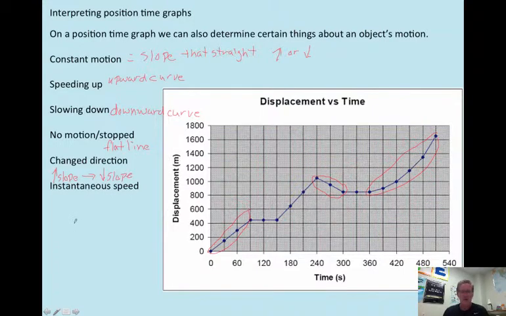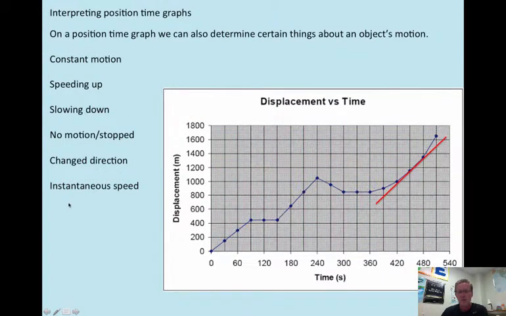Let's see, instantaneous speed. We have a particular way that we find instantaneous speed. The way we do that is we draw a tangent that just skims the point of interest. So in this example, we'd be at 450 seconds.